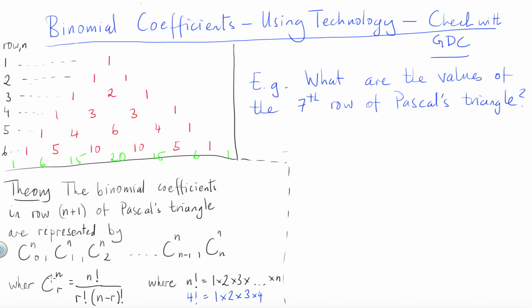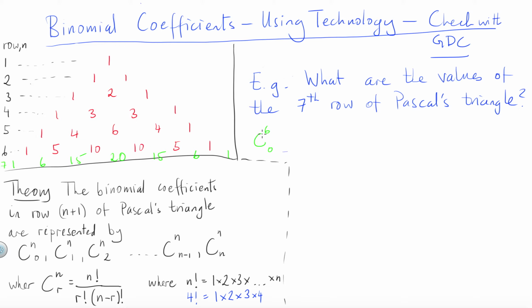Now according to this new representation, to get those values I would do C60, because the n here is the n plus 1, so I have to subtract 1 from the row number. So here the row number is 6, so my n would be 6, not 7, rather confusingly.